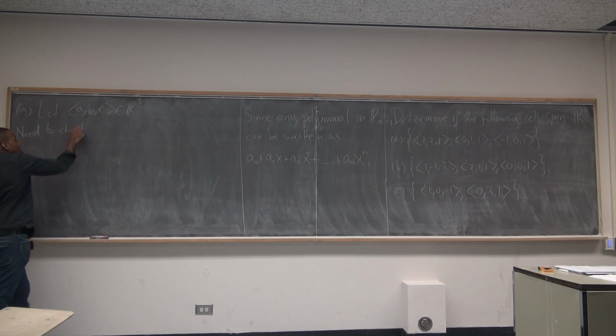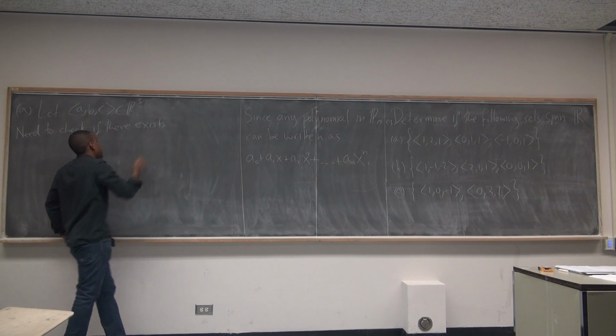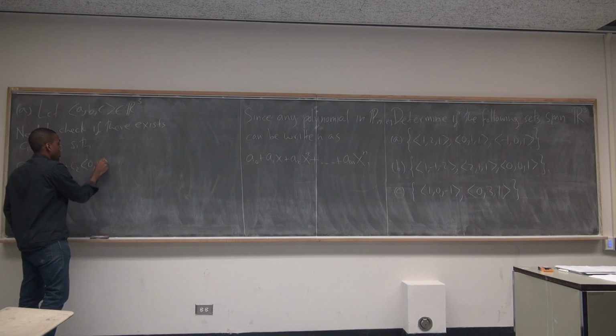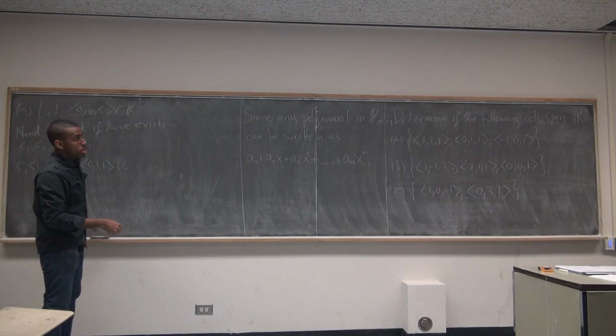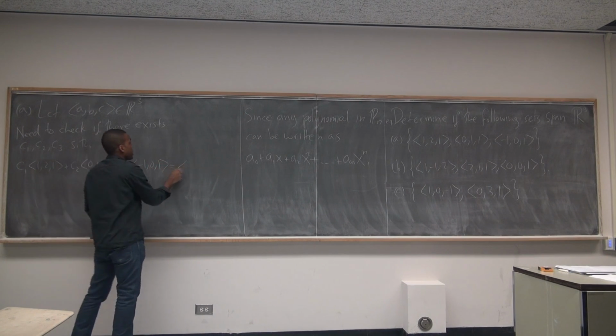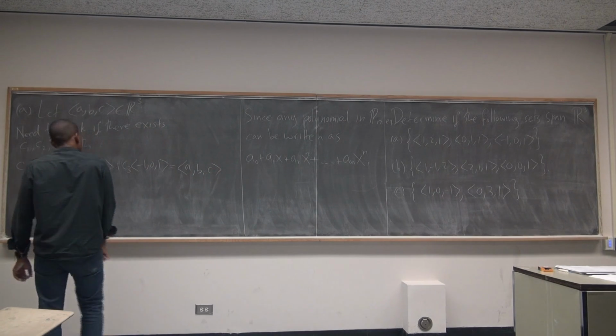Need to check if there exist C1, C2, C3, such that if I take C1 times the first guy plus C2 times the second guy plus C3 times the third guy, can I end up getting A, B, C for some constants C1, C2, and C3?